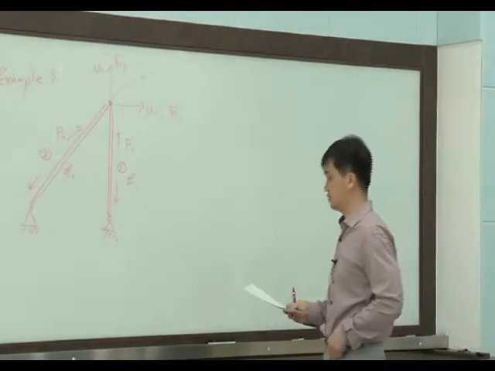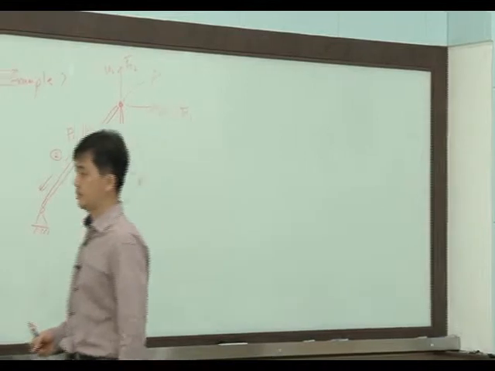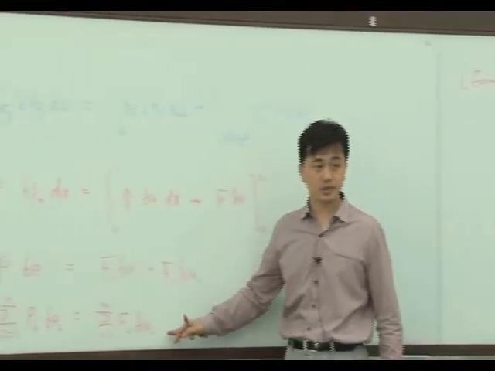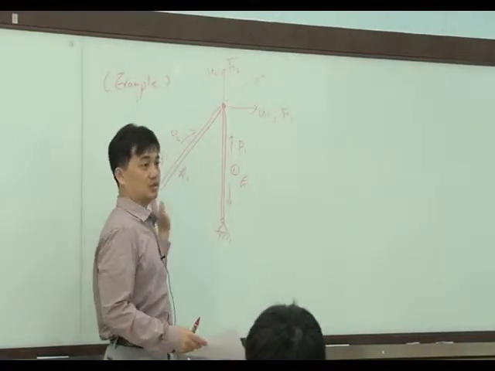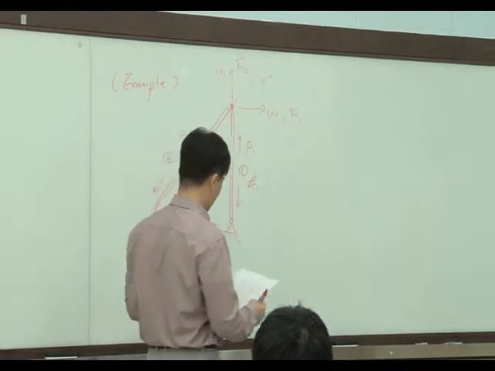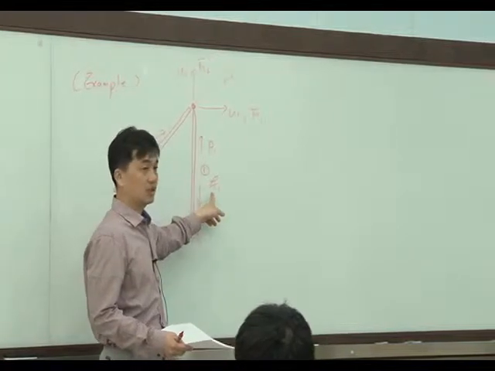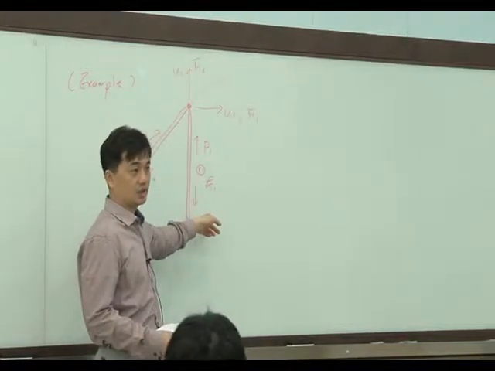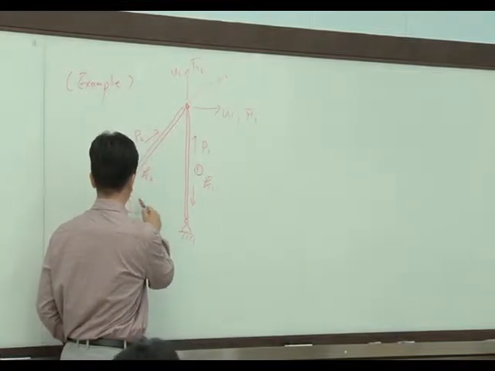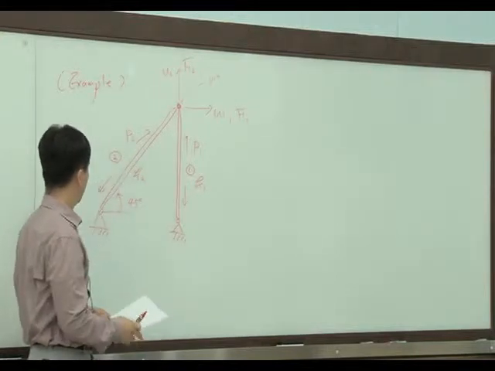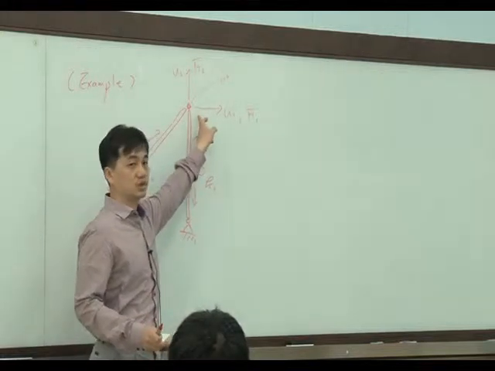So now I'd like to solve this problem based on the principle of virtual work, the last equation. Given is the shape of this structure, the ranks, and from the ranks we can calculate the stiffness K1, K2, and the geometry is given. This is 45 degrees. The displacement boundary condition is given, and the force is given.